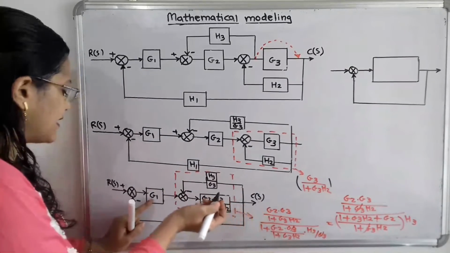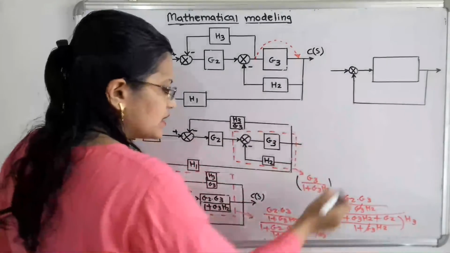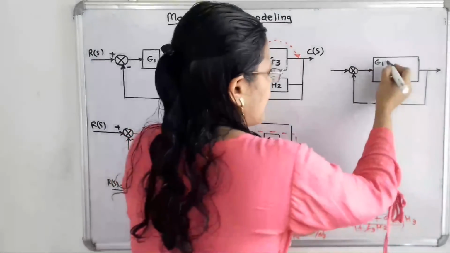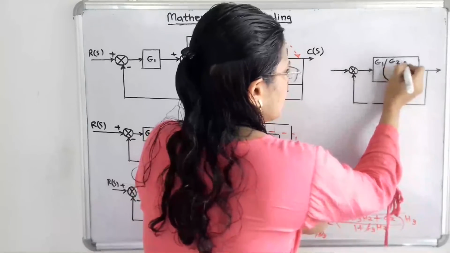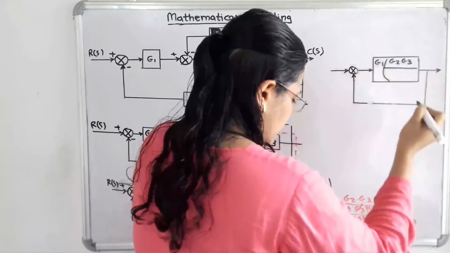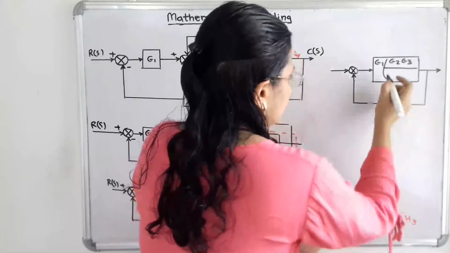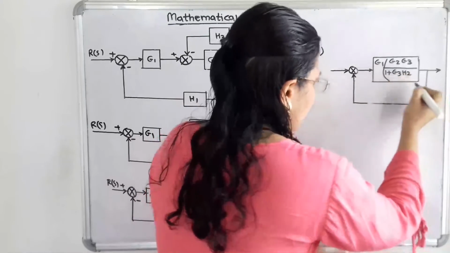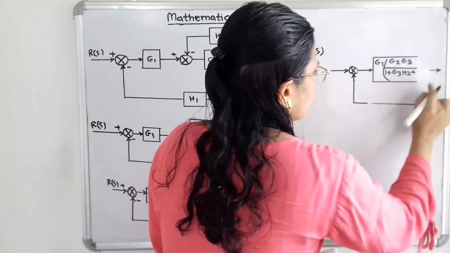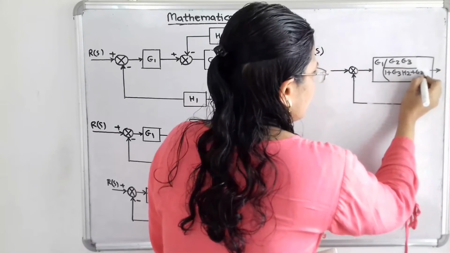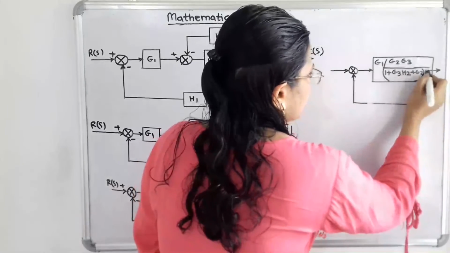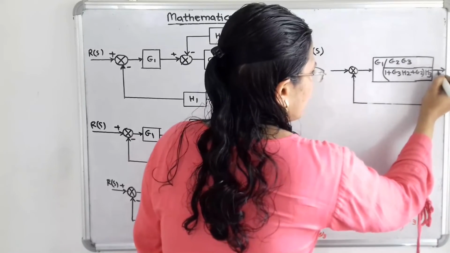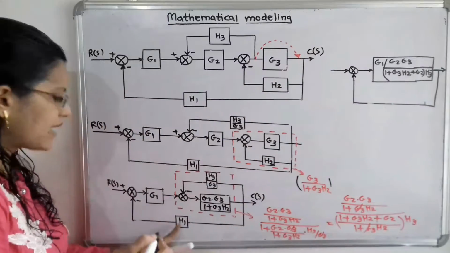So I will write direct answer here, that is I will write G1, with G1 we have to multiply this answer, in the bracket G2 G3 divided by 1 plus G3H2 plus G2 bracket complete H3, and here we have to show output, that is C of S, and from this here we have to take feedback loop for H1.